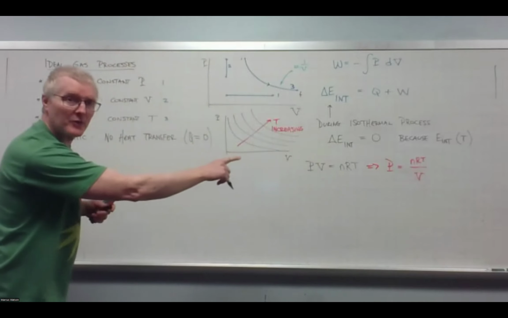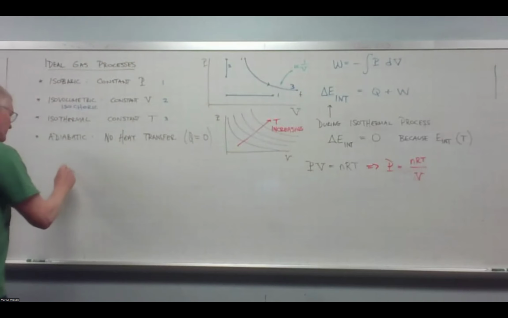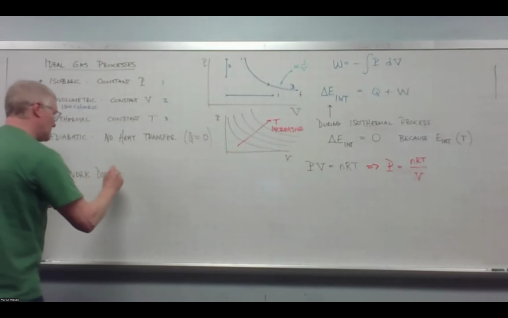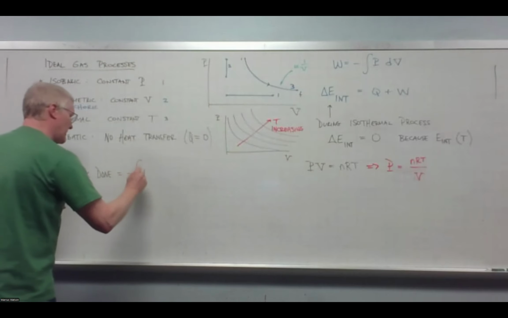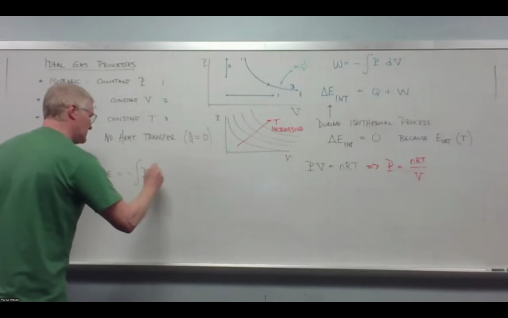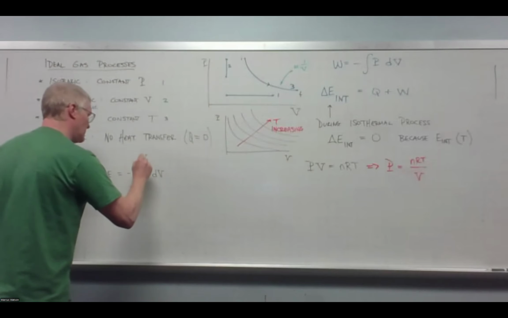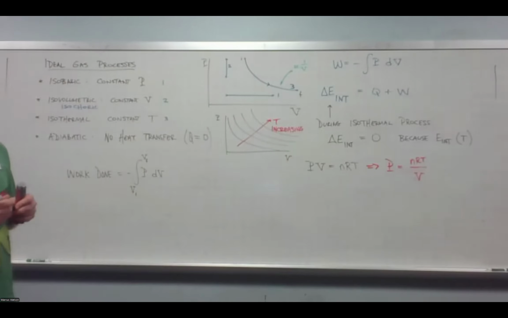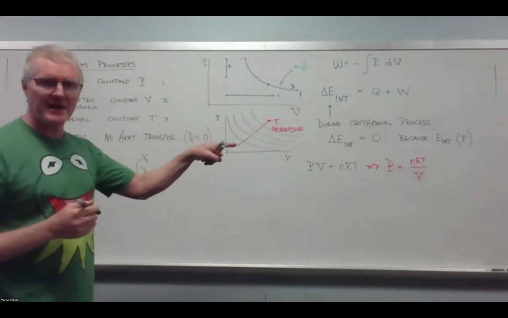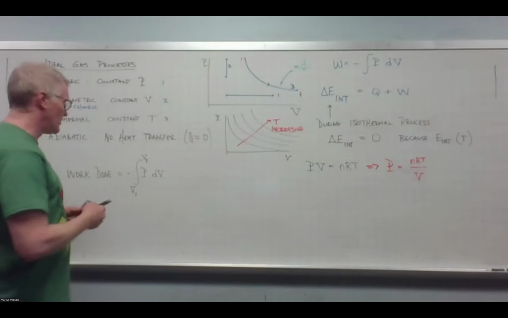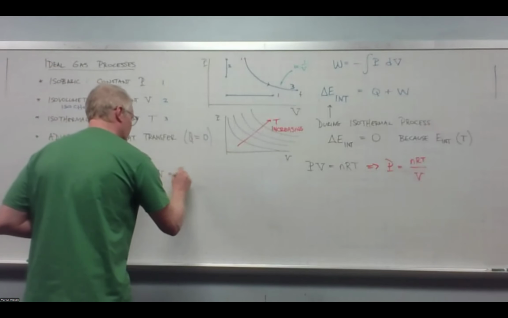If I want then to find the work done by an isothermal process, I have to take my integration of the pressure as a function of volume, as I have here, and do it between the two limits. So this, I think you would recognize fairly easily.